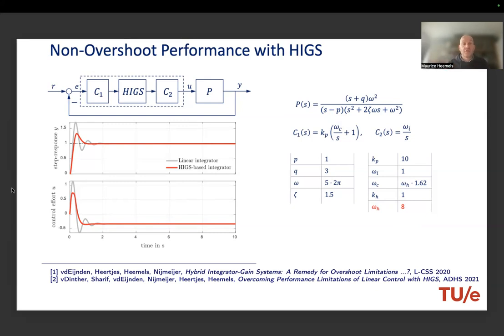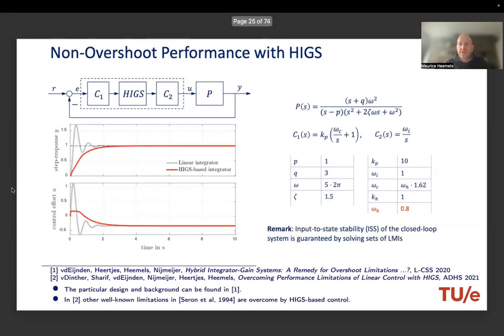But if we make the omega even smaller, 0.8, essentially what you see is that you can even avoid any overshoot at all while still having a tracking error equal to 0 in steady state. This is something you cannot achieve with an LTI type of controller, no matter which one you pick.